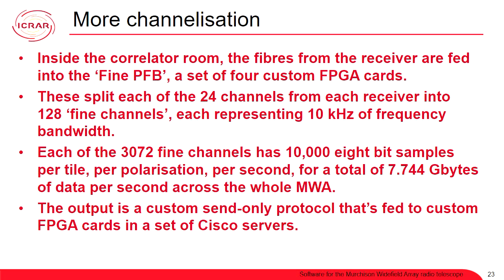Each of those 3,072 fine channels has 10,000 8-bit samples per tile, per polarization, per second. So that's about 8 gigabytes of data per second across the whole MWA. And that is sent in this horrible custom Xilinx FPGA specific protocol over custom SFPs, essentially. It's 40 gig pipes that we split into 10 gigabits.